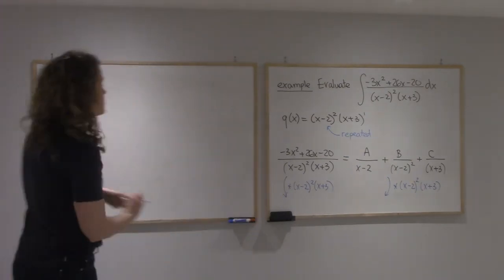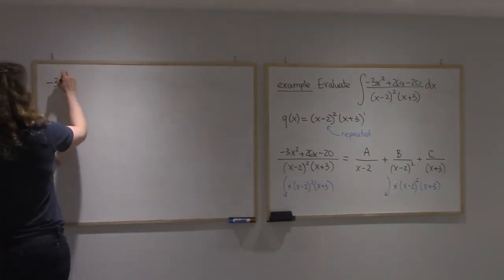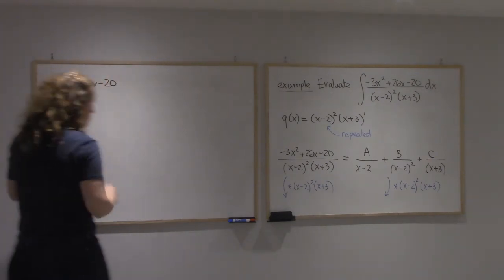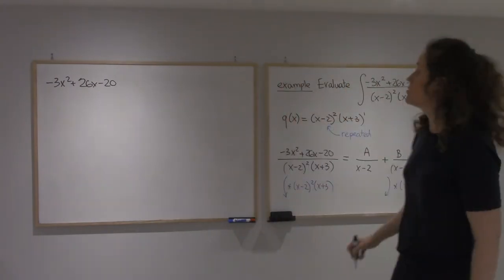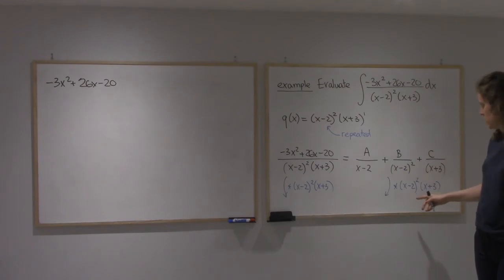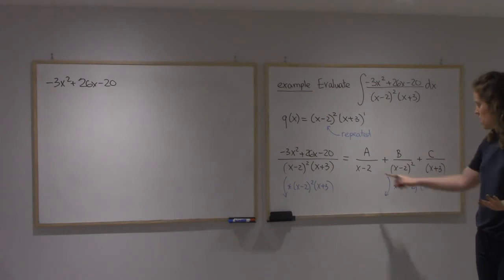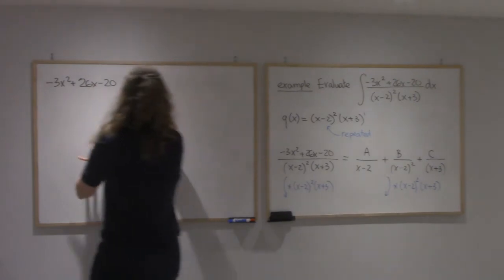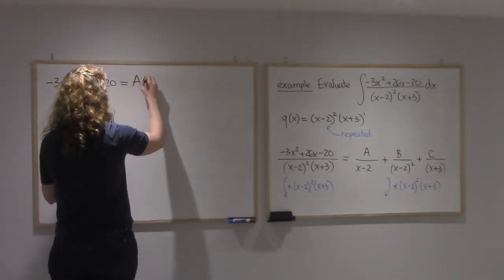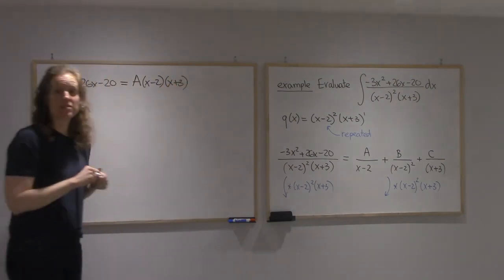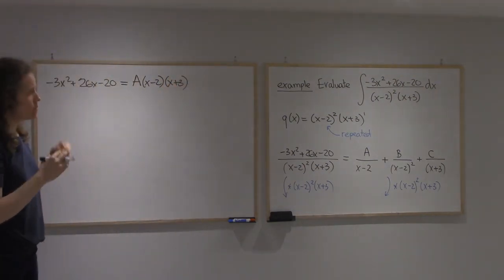On the left side, I'll be left with minus 3x squared plus 26x minus 20. Now on this side, that x minus 2 here will cancel out with one of these, and I'll have a single x minus 2 left and the x plus 3.